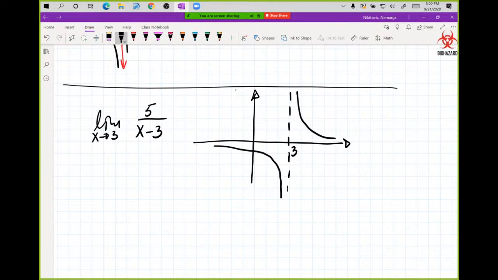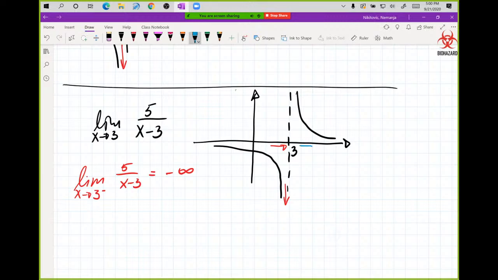Now, this 5 does stretch the function, yes, but it stretches it vertically and does not impact left and right. And it's definitely not going to impact the value of the limit, because as you approach from the left, so you have the limit as x goes to 3 minus of 5 over x minus 3, you are going to get again negative infinity. That was the Juliet approach.